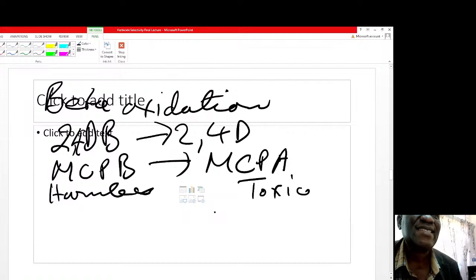So the idea is that when we apply these non-toxic substances, they get converted to toxic substances. The process of converting these forms to toxic products is known as beta oxidation.